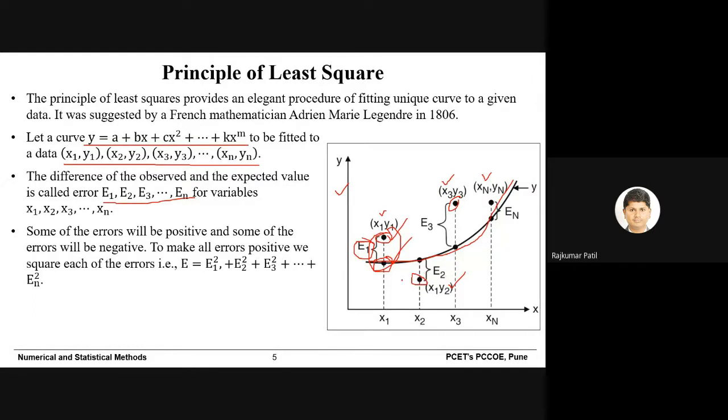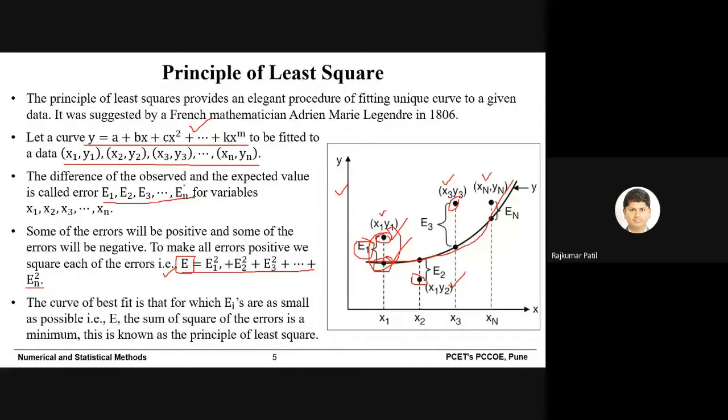So in order to add them, we square those errors and take the sum, and we get the total error E. In the least squares method, the ultimate aim is to have the minimum value of error E, so that whatever predictions we make by using this equation of y will be very close to the realistic solution, or predictions can be made accurately.